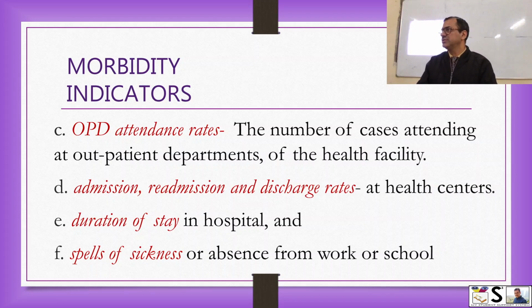Spell of sickness means in the whole year, how many times a particular person is suffering from a particular disease. For example, if a child is there in the community and he is suffering from diarrhea 3 times in the whole year, then the spell of sickness will be 3 for that particular person. Okay. So these are also the morbidity indicators. Okay. So about them we can just write their name. It is okay.